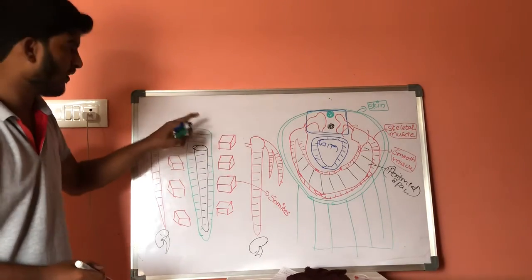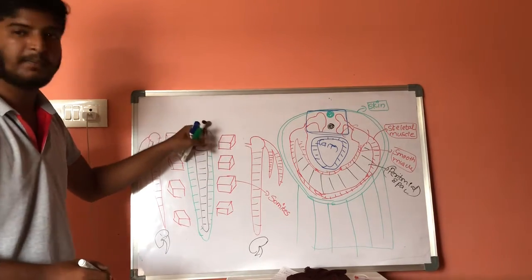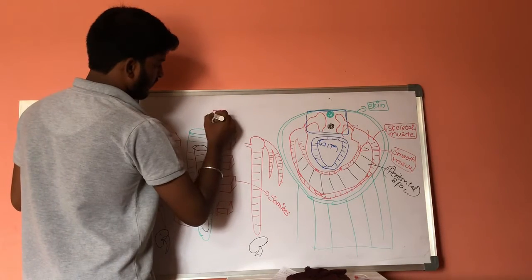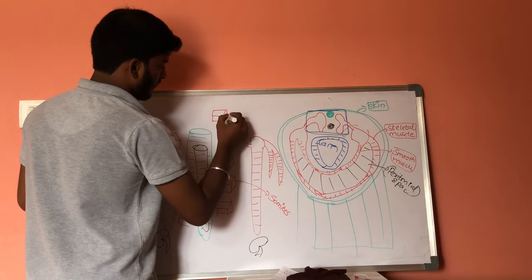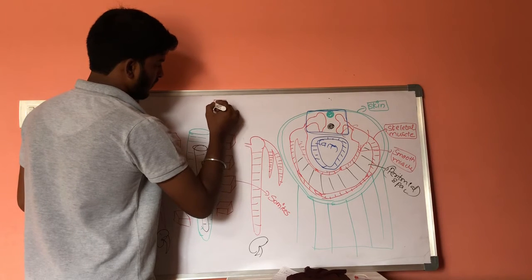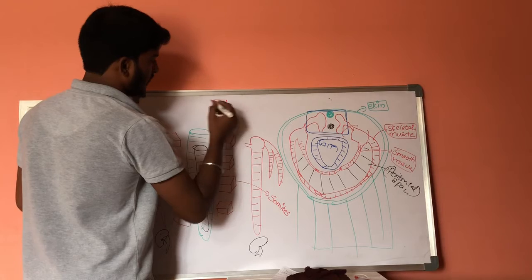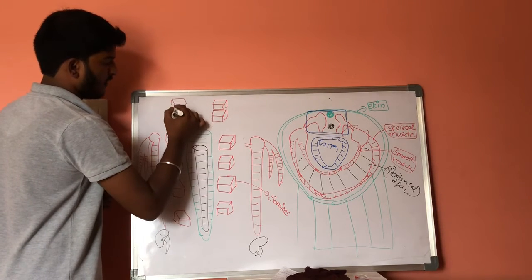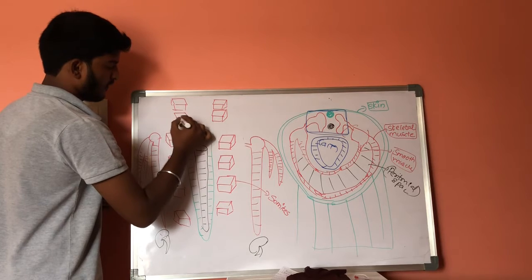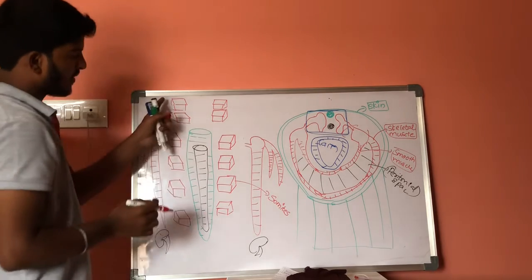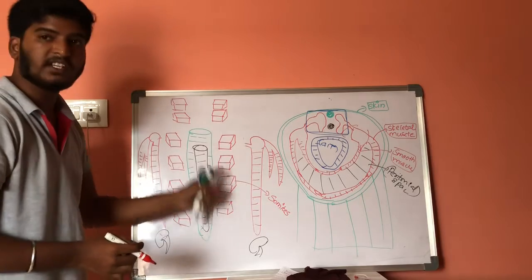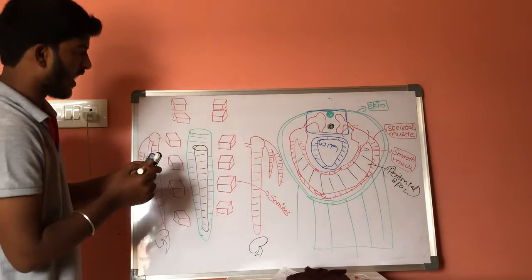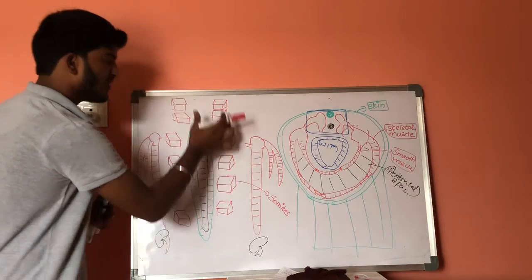Some of the somites which are present at the cephalic end will be moving to the occipital region, the occipital bones. These somites are segmented and move from the lower region to the upper region.